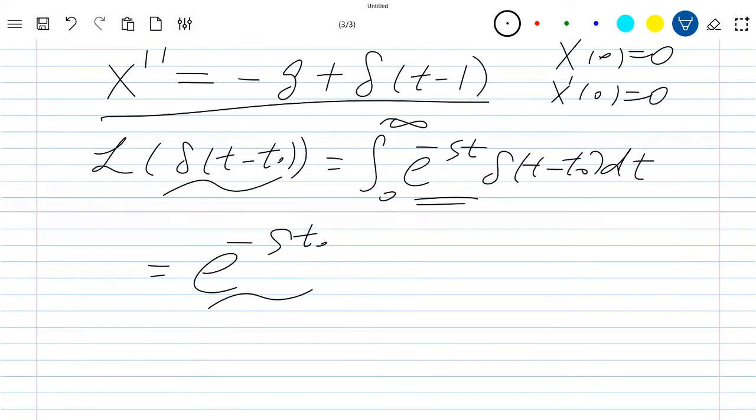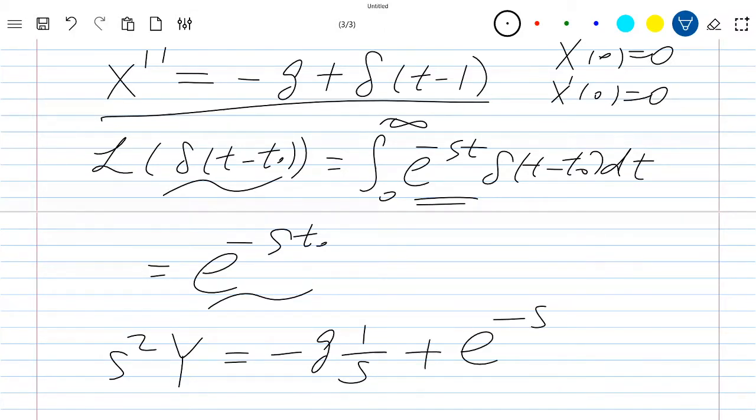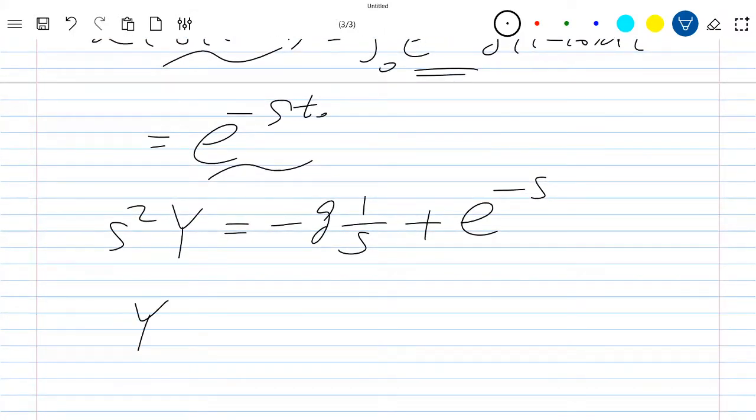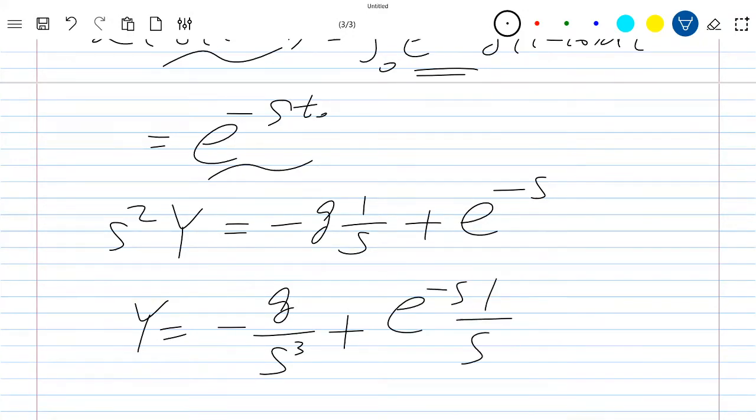The left-hand side will give you s squared capital Y equals negative g over s, right? Because after transform, you get this. Then for the delta function, you get e to the negative s times t naught, which is just 1. So that's it. So what is capital Y? Capital Y equals negative g over s cubed plus e to the negative s times 1 over s squared.